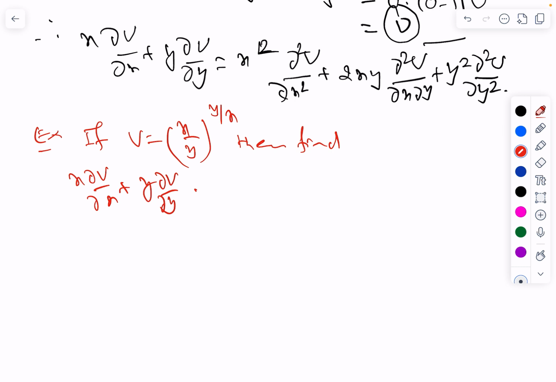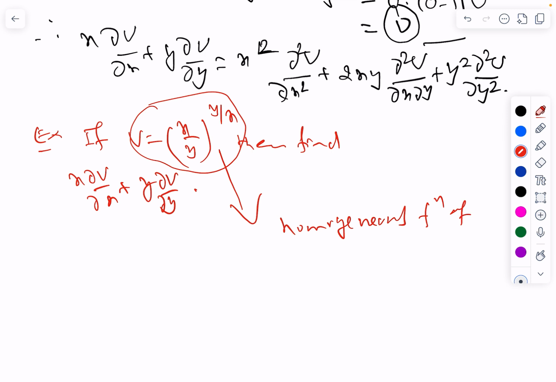Now let us quickly do this, because you can easily prove that this is a homogeneous function of degree 0.